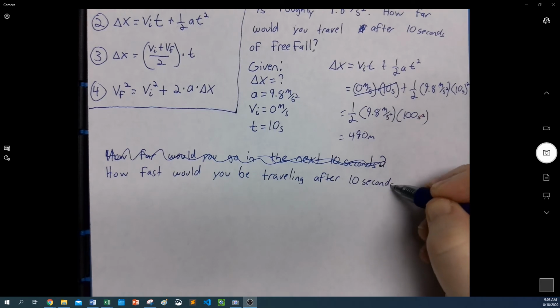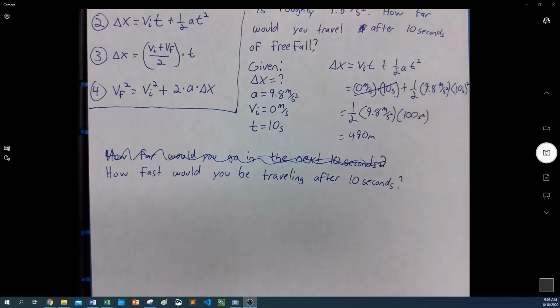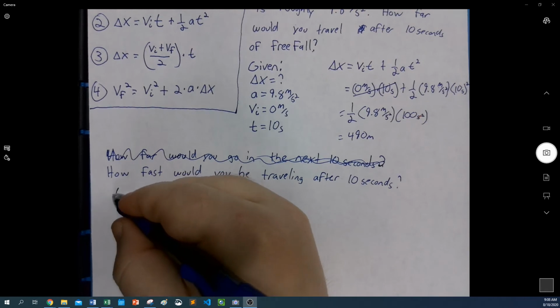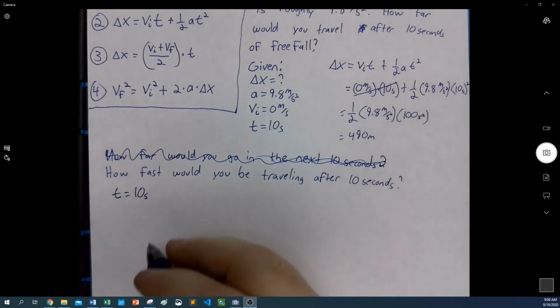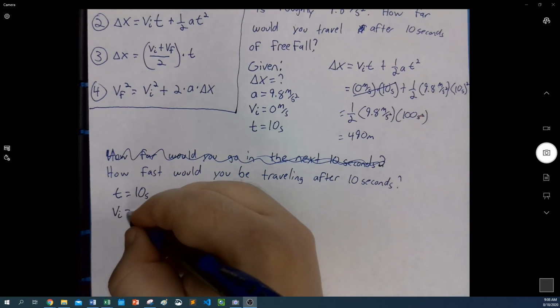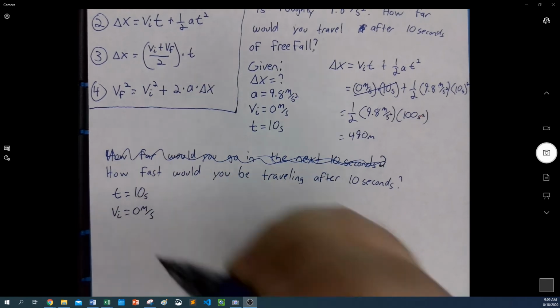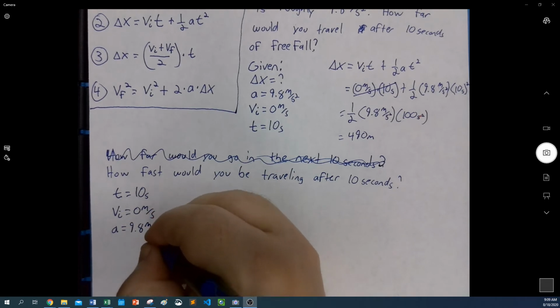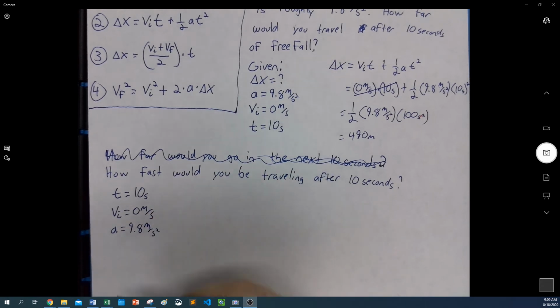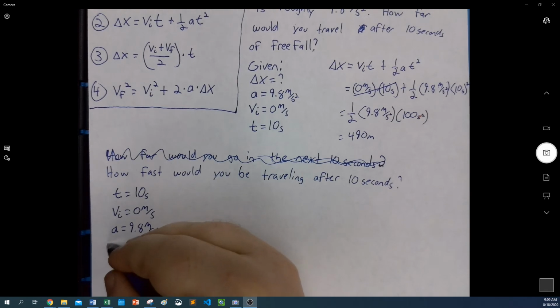How fast would you be traveling after 10 seconds? So our time is 10 seconds. Our initial velocity, again, we'll assume is 0. Our acceleration is 9.8 meters per second squared. And we are looking for final velocity.